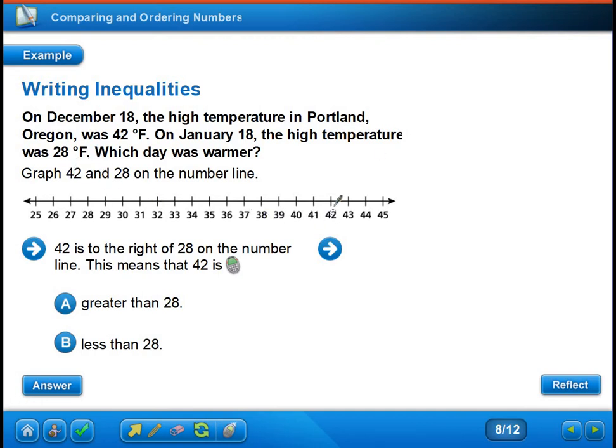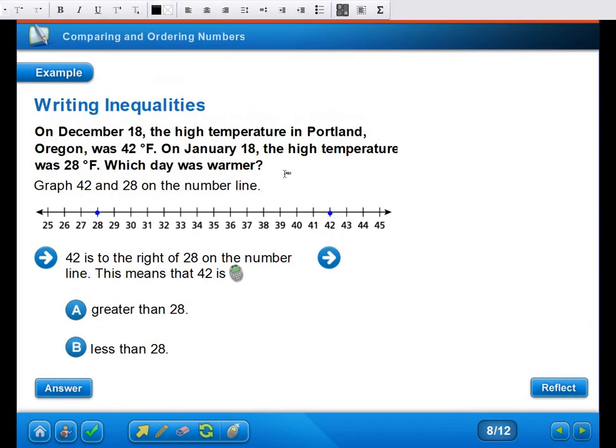So we have 42 degrees, which is positive, and 28 degrees, which is also positive. When you're looking at your number line, the number that is furthest to the left is the smaller number. With temperature, smaller means it was colder. So to answer our question, which day was warmer: December 18th, I had that backwards.